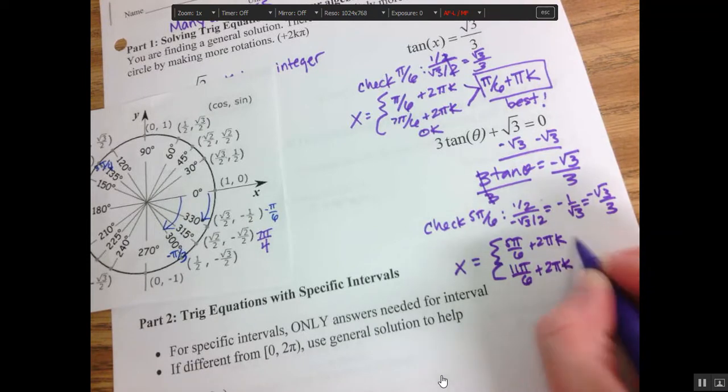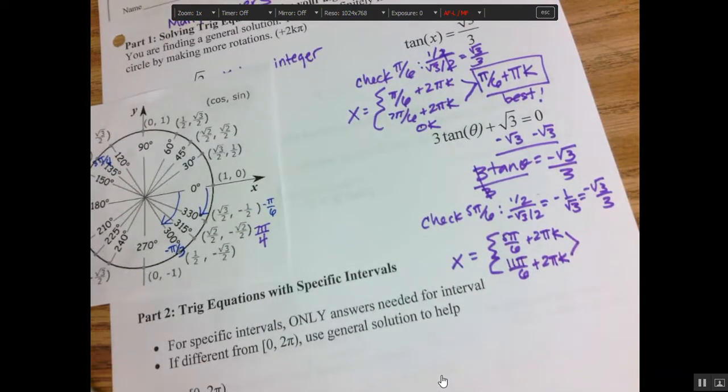And raise your hand, please, if you can consolidate those into one more eloquent statement. Say it louder, Courtney. 5 pi over 6 plus pi k. Does that work? Yes, very good.